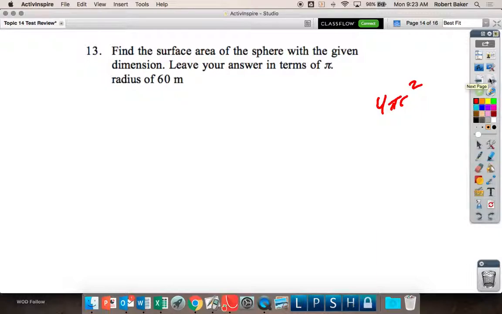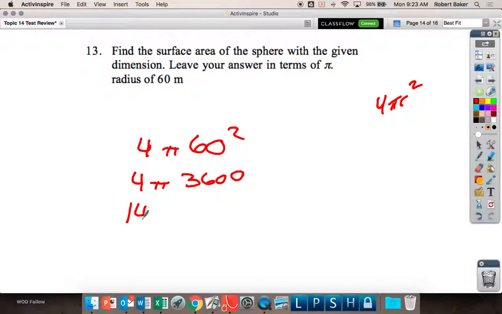Find the surface area of a sphere. Leave your answer in terms of pi. If your radius is 60, it's going to be a really big number. 4 pi r squared. That's 4 times pi times 3,600.